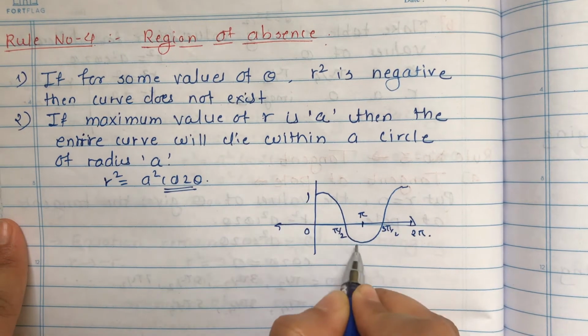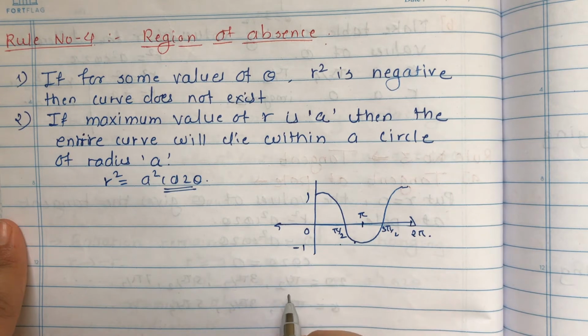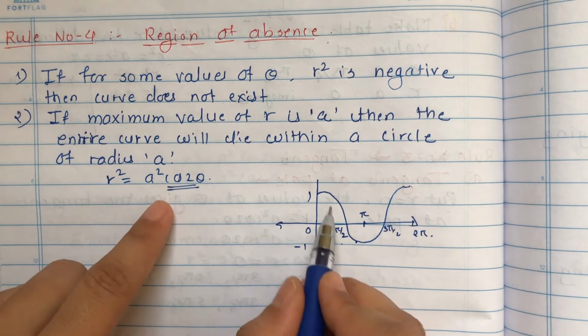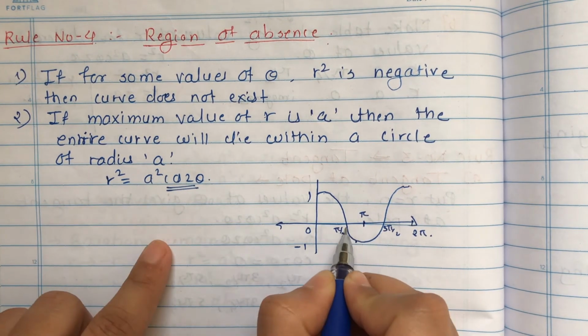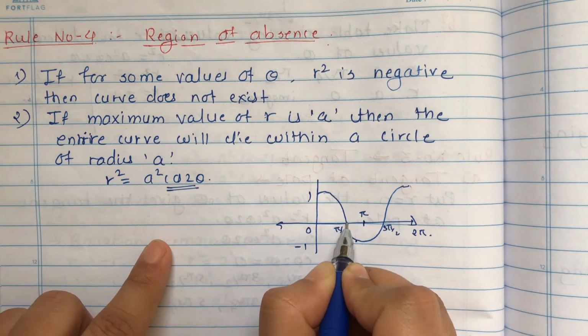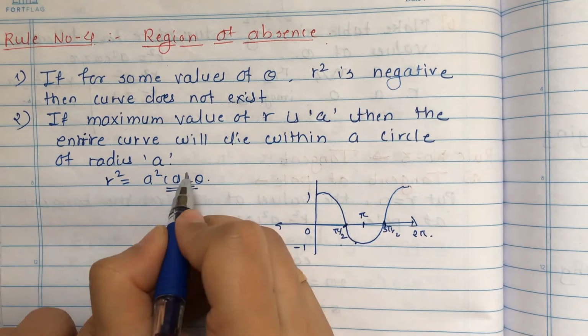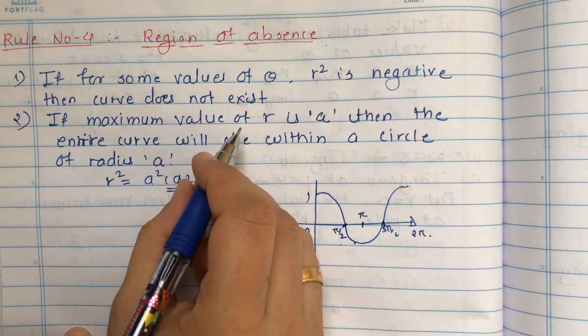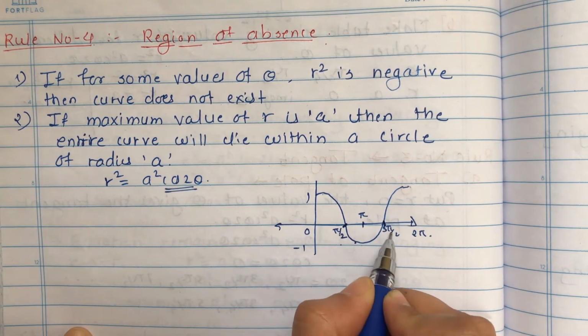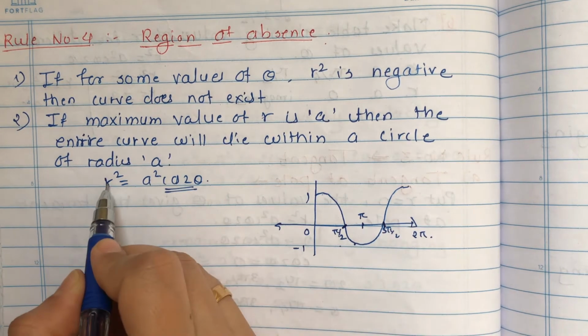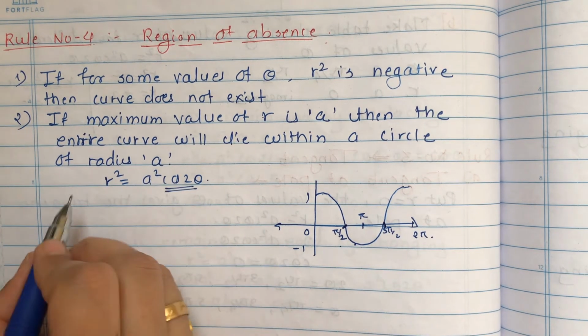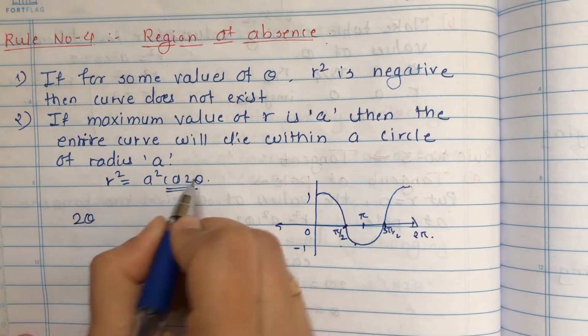This is 1 and this will be, suppose, minus 1. Now the cos function is negative from pi by 2 to 3 pi by 2. So when this angle is between pi by 2 and 3 pi by 2, this r square value becomes negative.